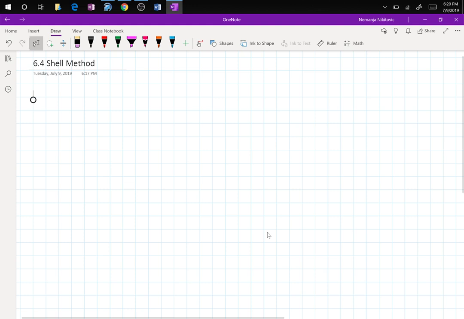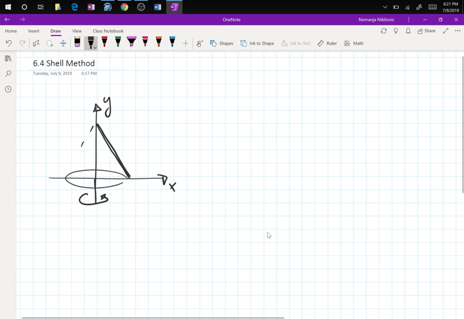So that's what we have for cylindrical shells. If I have an object, we can just put a triangle, which will turn into a cone. So if I put a triangle here, and I rotate around the y-axis, it will create the cone. So the cone is created.